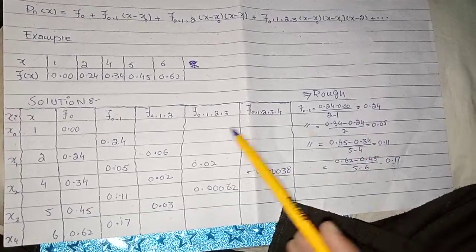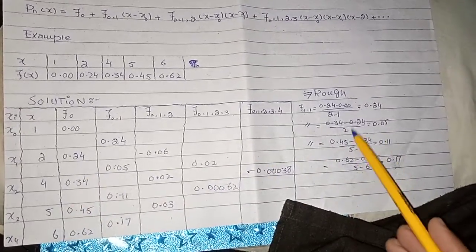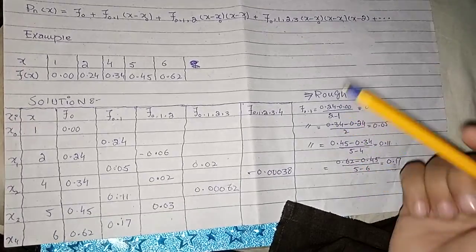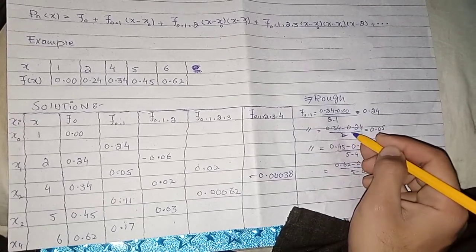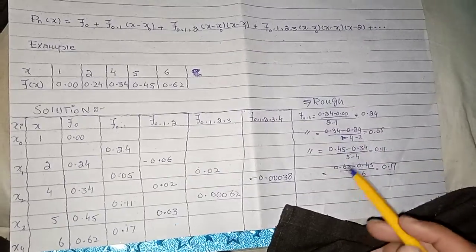I haven't written 4 minus 2 over there, but you can guess it is 2. I am writing 4 minus 2 or 2 over there because it would be easier for you.